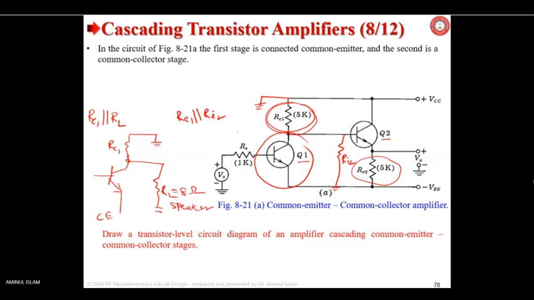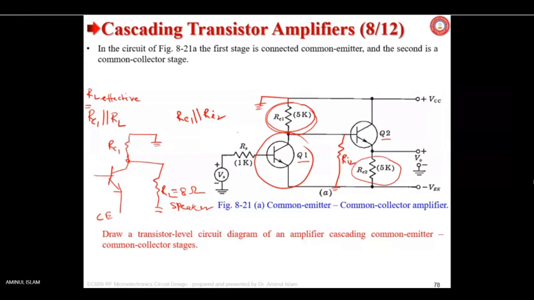Let me call it RL effective. RL effective is this or not? We are going to use the CE amplifier only to drive a load, and that load is nothing but a speaker.